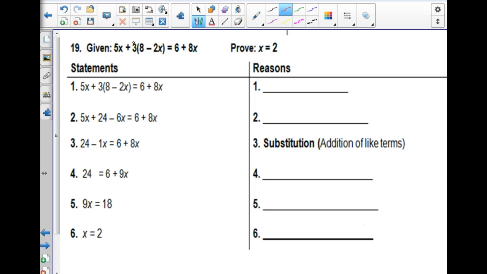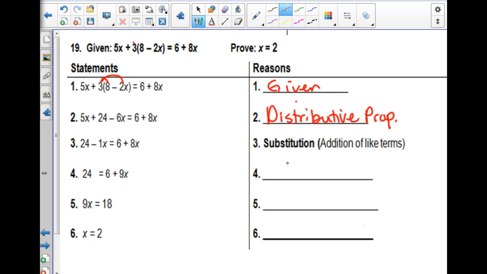So what they did first was write down the given. Okay. And then the next step, they did something to line 1 to get to line 2. And we have to realize what they did because they didn't show it. Distributive, yep. So that's your distributive property.